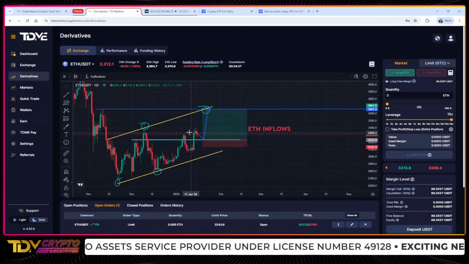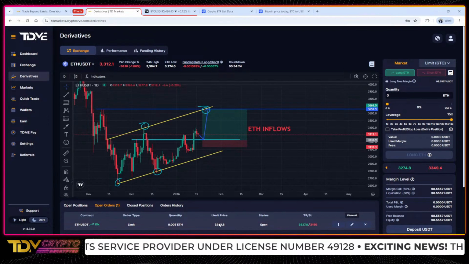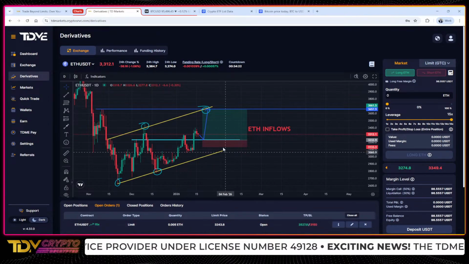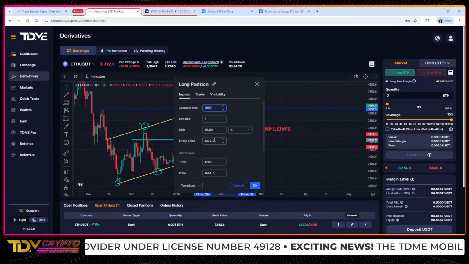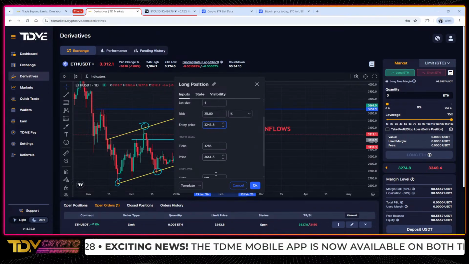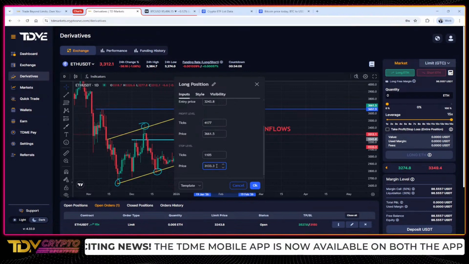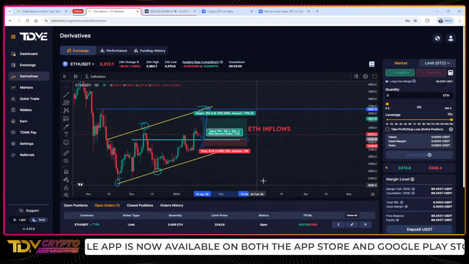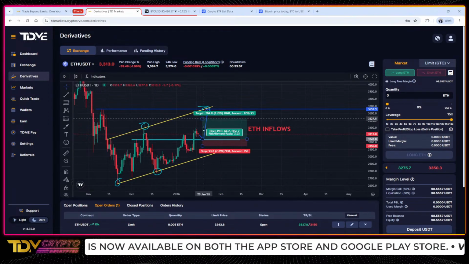So my order, like I said, is on 3243.8. I've got my stop loss on 3150 and my take profit on 3527.8. So this is basically how I'm looking.